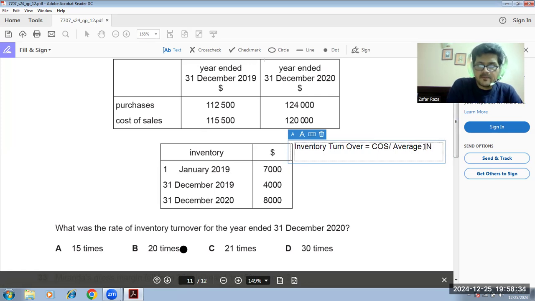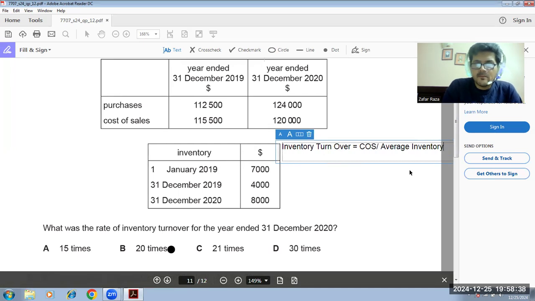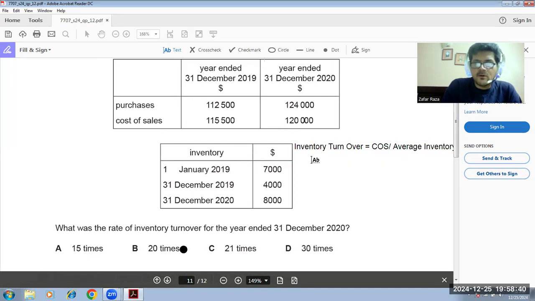Cost of sales for 31st December 2020 is 120,000. It's given. But average inventory we have to calculate.